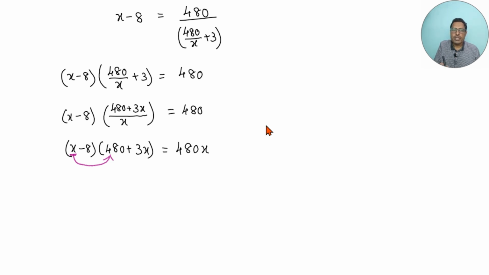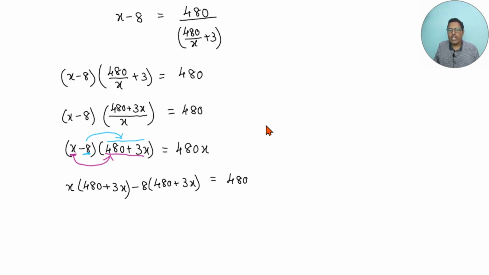I am multiplying this x with the whole of this term, 480 plus 3x. Similarly, multiply this minus 8 with the whole of 480 plus 3x, and we are left with 480 times x, right?